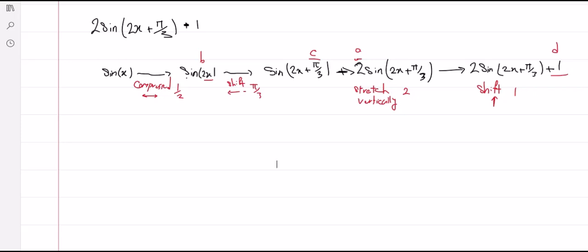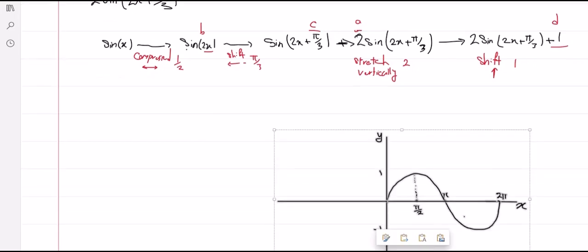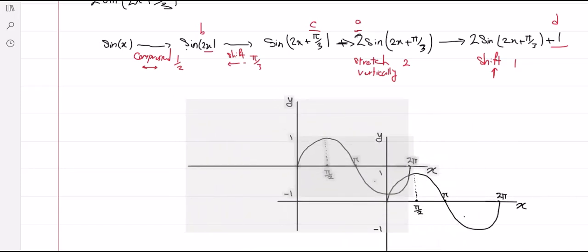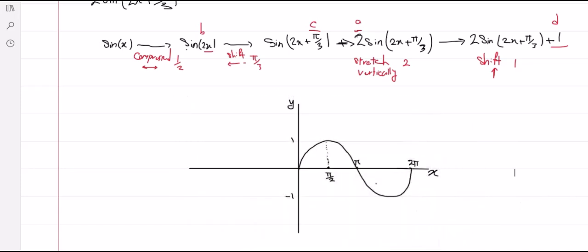As you remember from the previous tutorials, the sine of x graph would look like this, which oscillates between 1 and minus 1, has an intersection with the x-axis at pi, and its maximum value was at pi over 2.